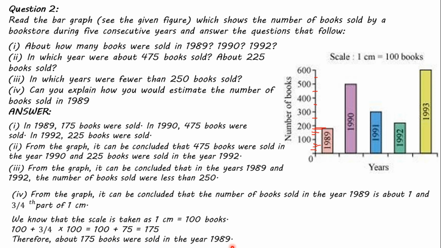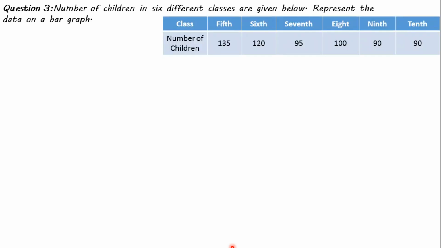Hope you understand this question. Now I am moving to the next question, question number 3. The number of children in 6 different classes is given below. Represent the data on a bar graph.